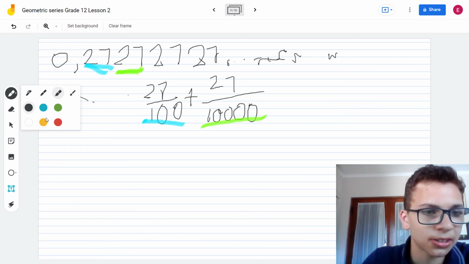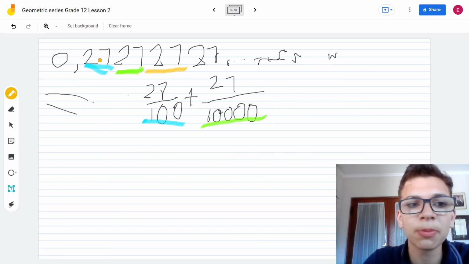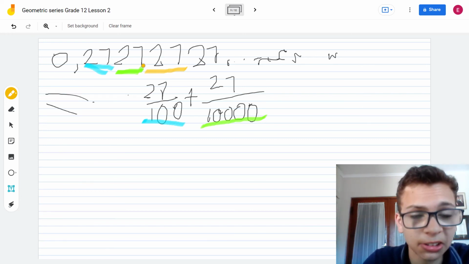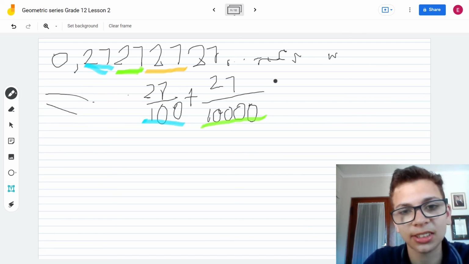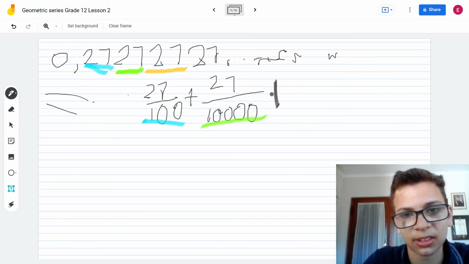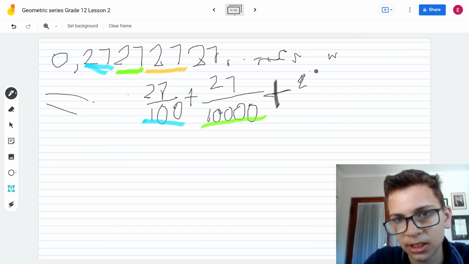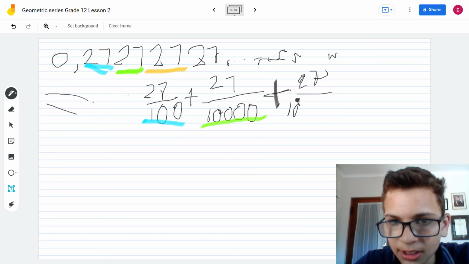Now what about if we do the same here? We look at this 27, 0.000027. So this will actually have 6 zeros. So plus 27 over a million, because it's 6 zeros.